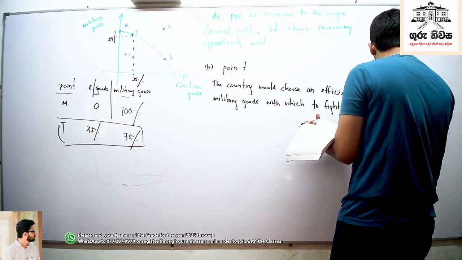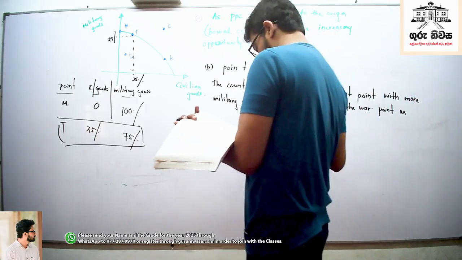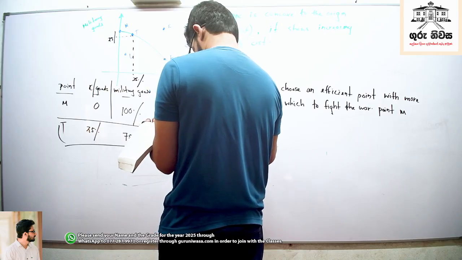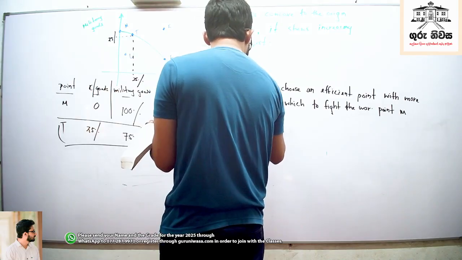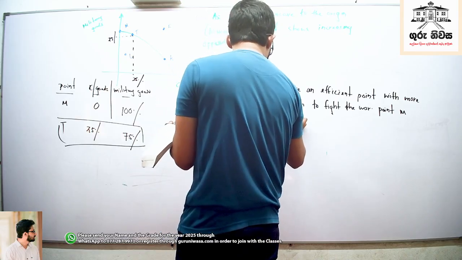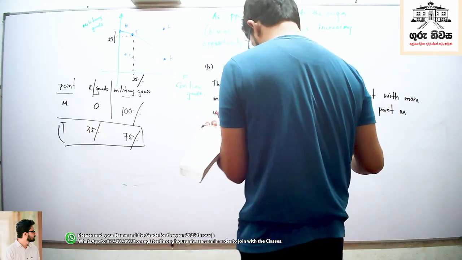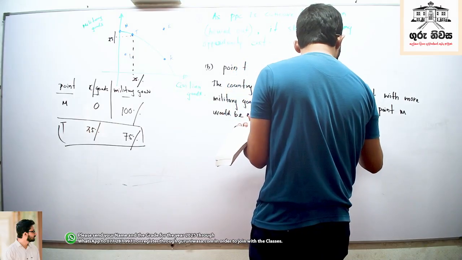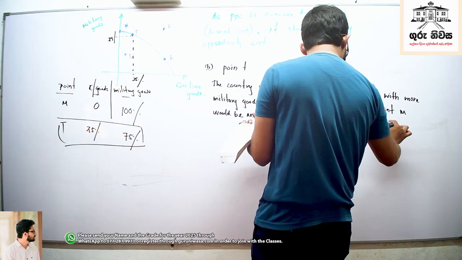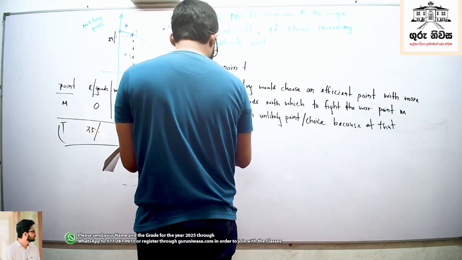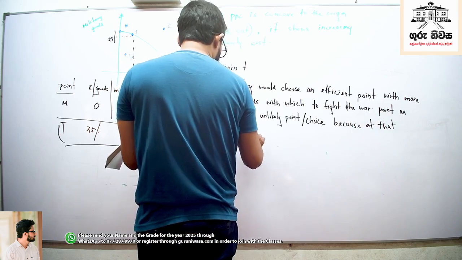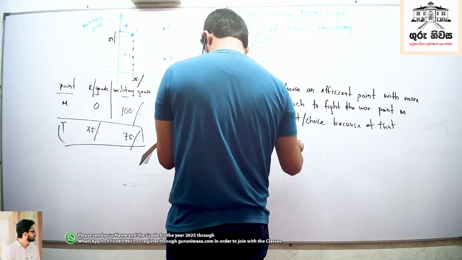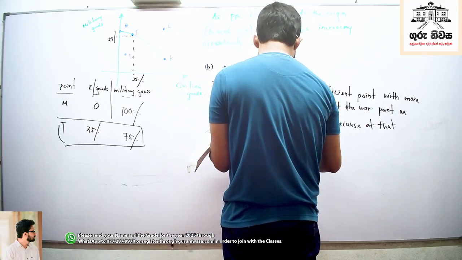Point M would be an unlikely point, or we can say choice, because at that point there is no production of any civil goods.